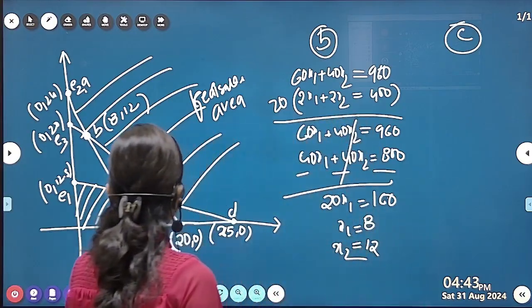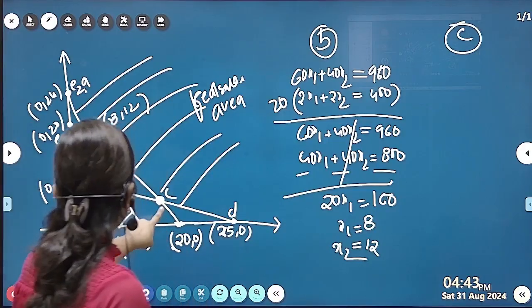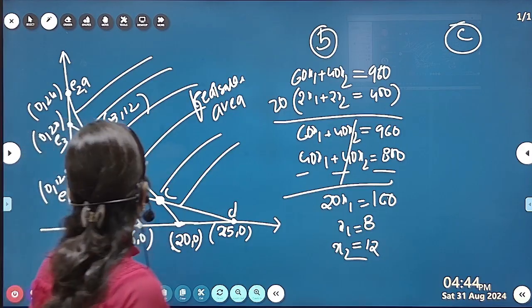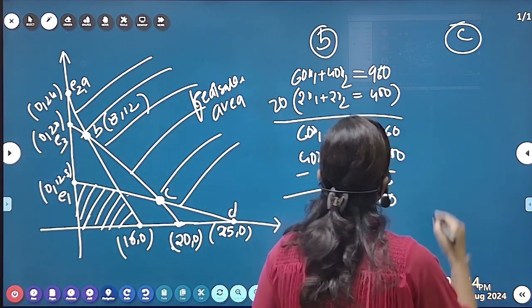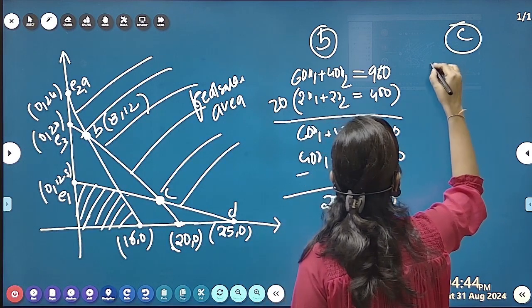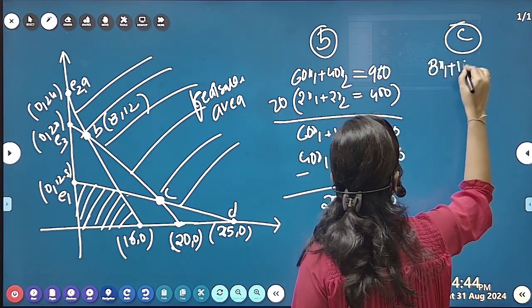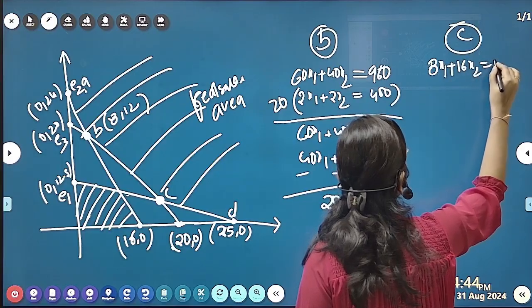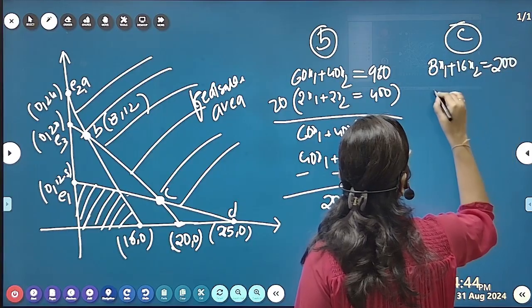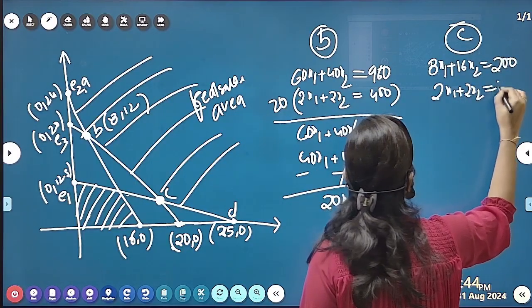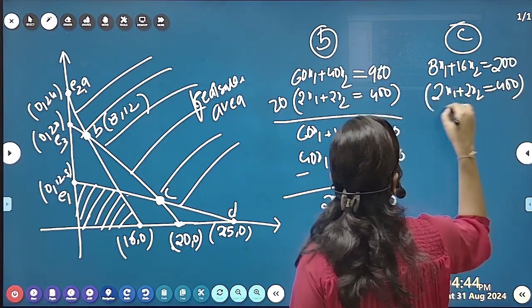So point C is the intersection of which lines? Equation 1 and equation 3. So tell me equation 1. What is equation 1? 8x1 plus 2x2 is equal to 200. Next, 2x1 plus 2x2 is equal to 40, multiply into 4.